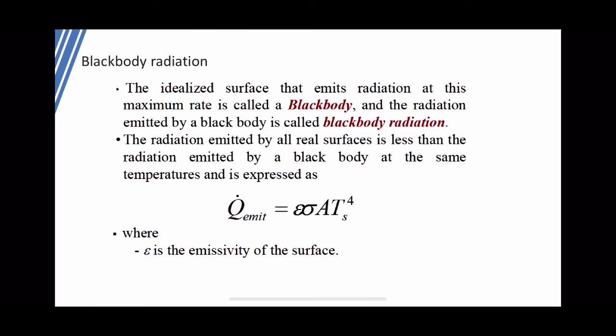If we talk about Stefan-Boltzmann, we're also going to talk about blackbody radiation, where a body will emit radiation as if it is a black body, because a black body absorbs and emits radiation at the most effectiveness. If a body emits radiation, the equation includes E, where E is the emissivity.